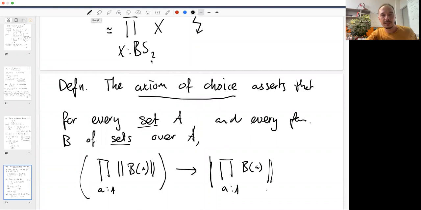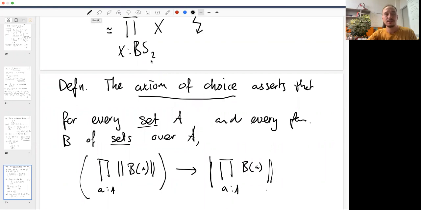Oh, there's a question: is there a generalization of the axiom of choice that you can assume for types that are not sets? There are some proposals for it. In the HoTT book, there's an exercise that asks that a product of k-connected types is again k-connected, I think that's the analog of a higher axiom of choice.